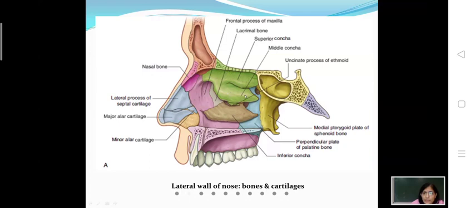Then this green colored. This is the ethmoid. This is the labyrinth of ethmoid. The labyrinth of ethmoid shows some projections which are called concha or turbinate. So this is the superior concha. This is the middle concha.